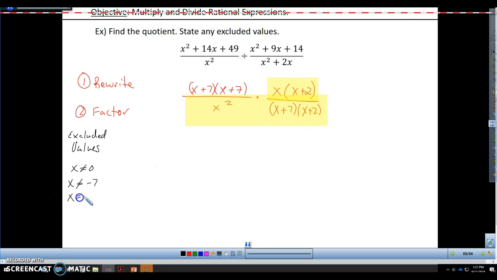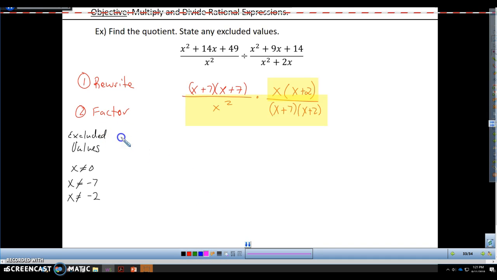X plus 2 gives us an excluded value of negative 2. And then here I have repeated excluded values, another 0 and another negative 2. So I'm not rewriting them because they already appear. But just know that you will have to utilize the factors here from the numerator of your, I guess, your divisor. Okay, so I have factored.